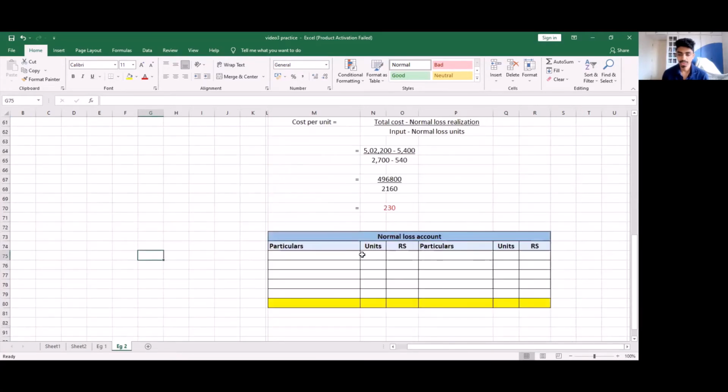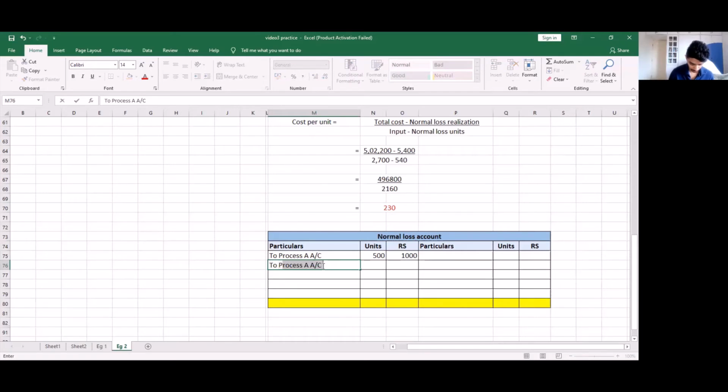So this will be accounted as to process A account, 500 units at an amount of 1,000. Similarly, we will do the same for the remaining two processes.